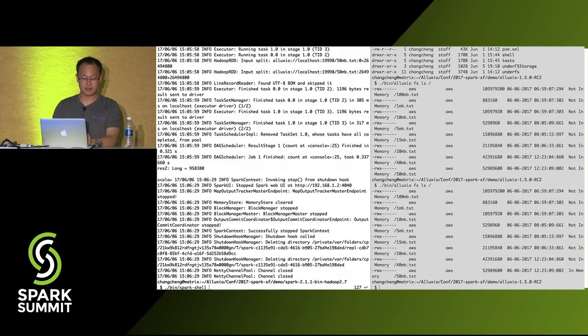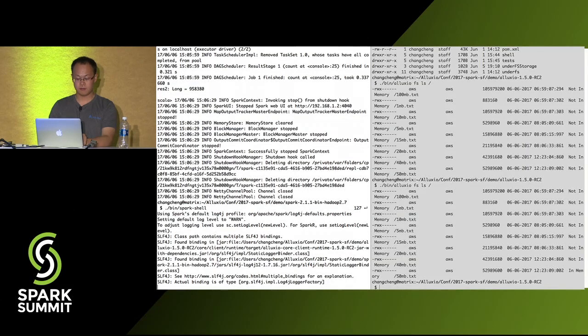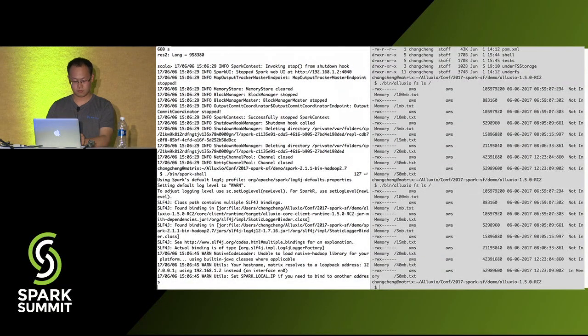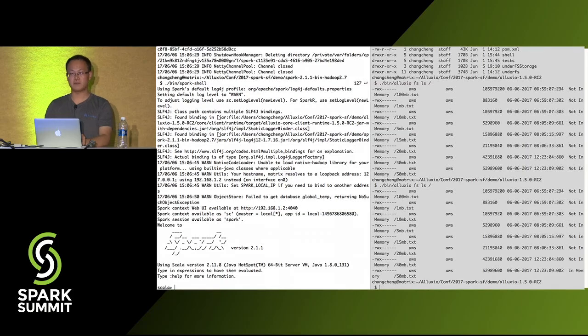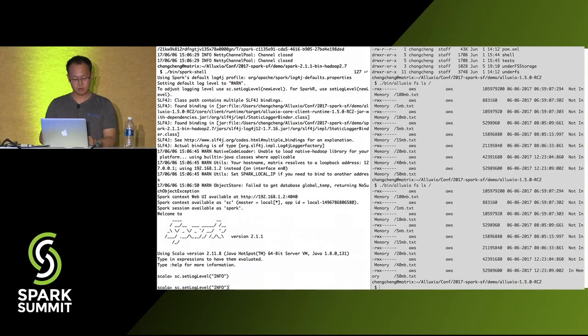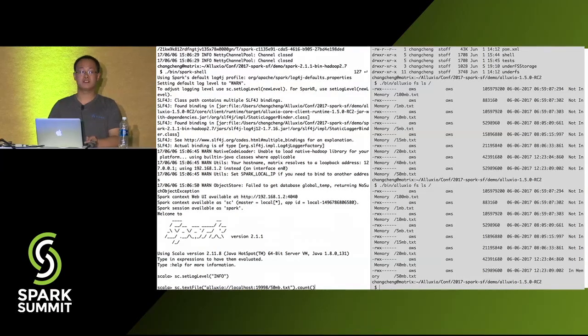So you start the Spark shell again. As before, let's set the log level first. And then run the same job.